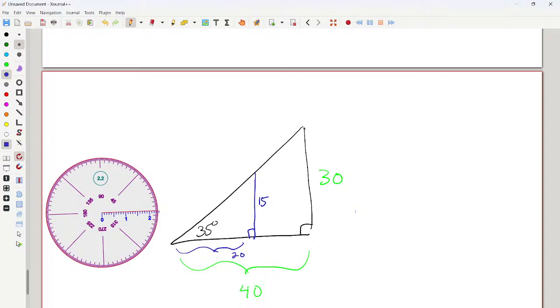It simplifies to 3/4. But if you scale this object, shrink it or make it bigger, and still say opposite 35, because that didn't change, to adjacent 35 in this smaller triangle, you end up with the same ratio. If that clicked for you, that's what trigonometry is.